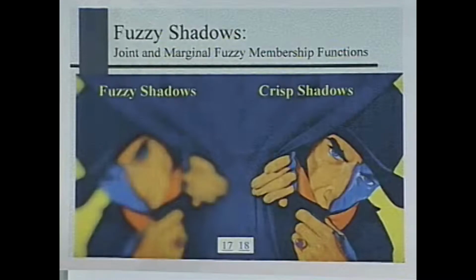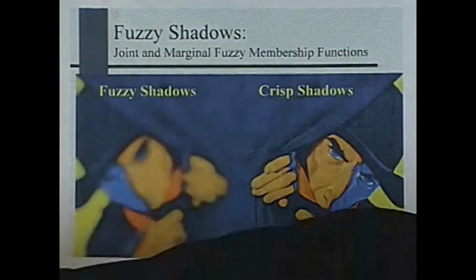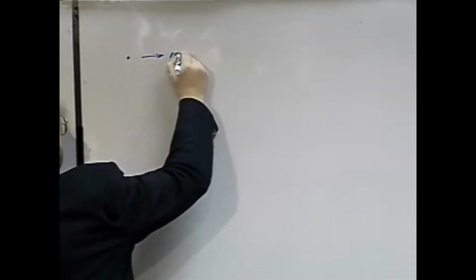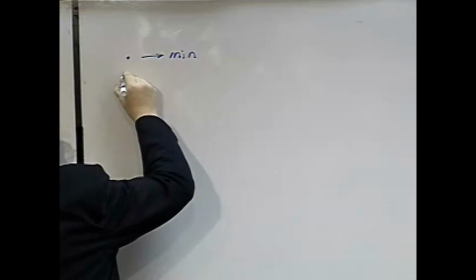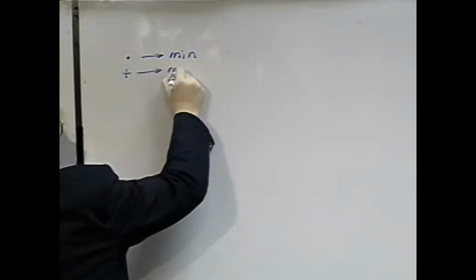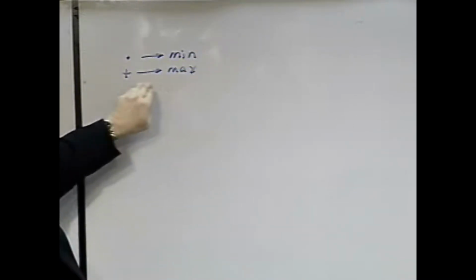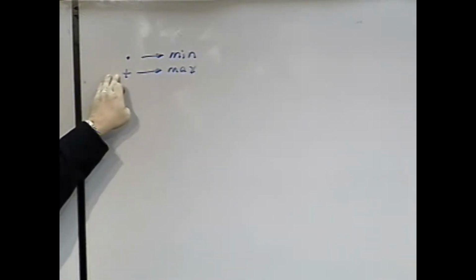If you haven't noticed it yet, something which will recur again and again in fuzzy logic is the use, instead of the multiplication, of the min operation. And instead of the addition operation, you'll use the maximum operation. In fact, we have seen that this is the Zadeh logic, and this is kind of the sum product logic.